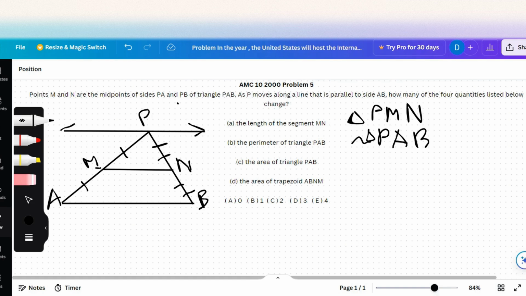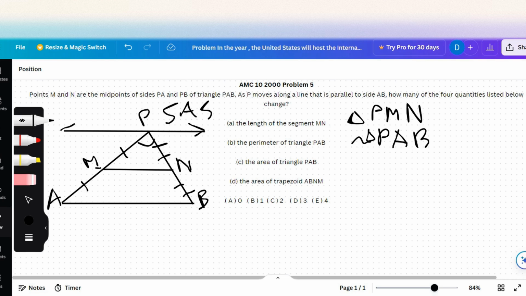We know that because of side, angle, side. And you might be asking which angle. It's angle P. So side, angle, side, and side, angle, side. Because triangle PMN is half of PAB, and 1/4 of PAB.